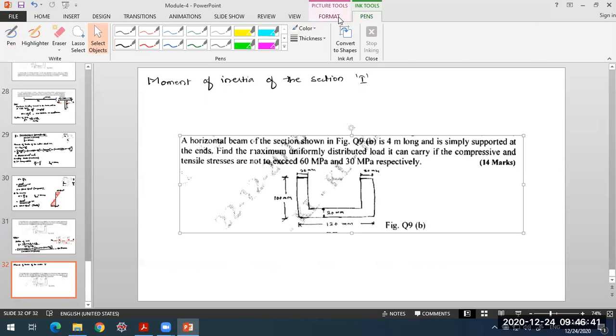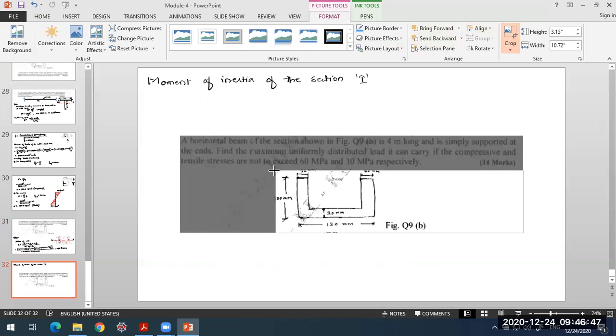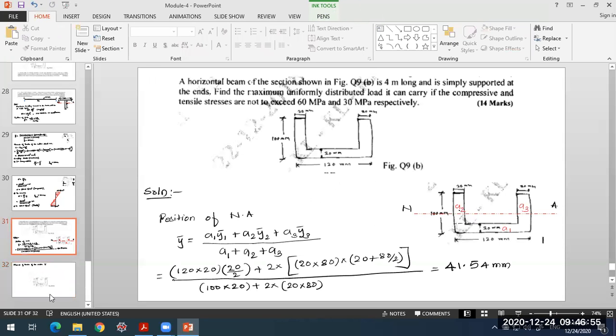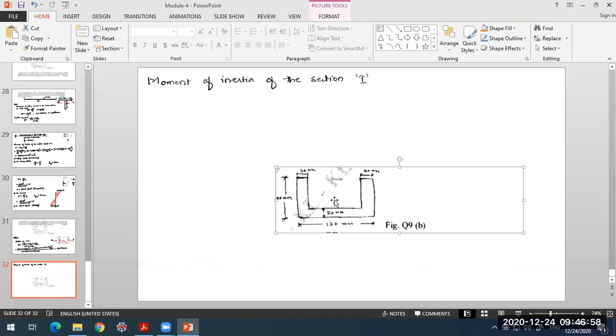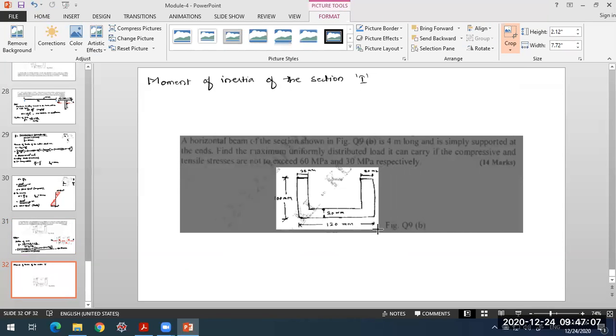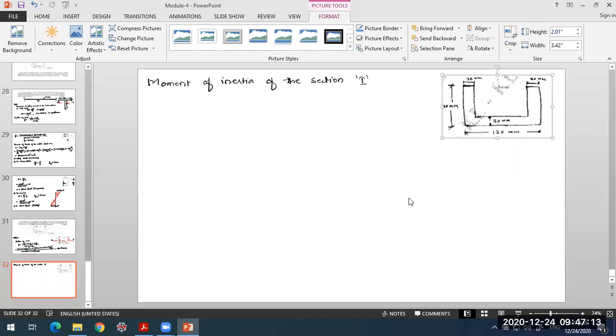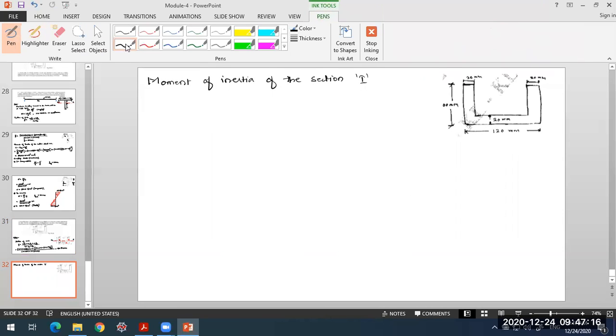Okay, so for this section, what is the moment of inertia, that we will determine over here. This is the section, we'll keep it here, and this is the expression what I'll be using here.